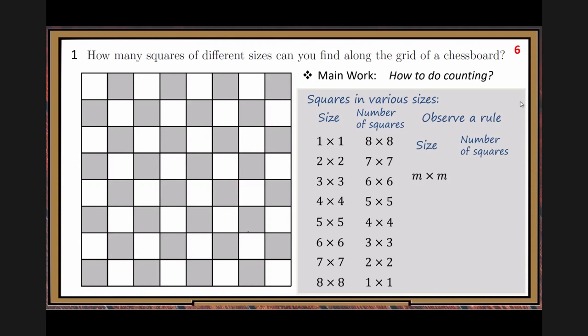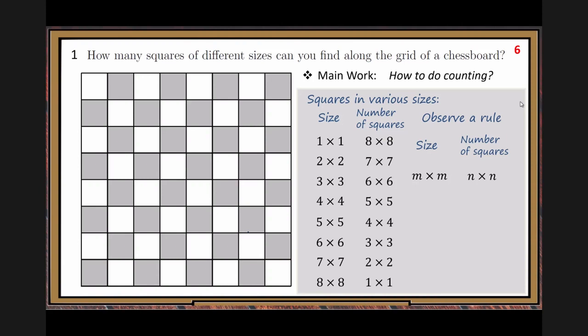Similarly, for the number of squares, we want to use another abstract, general representation, n by n. Can you tell me what is the relationship between m and n? Assuming the chessboard, you go to 8 by 8, would be 9 minus m equals n squared? All right. You only need to give me the relationship between m and n.